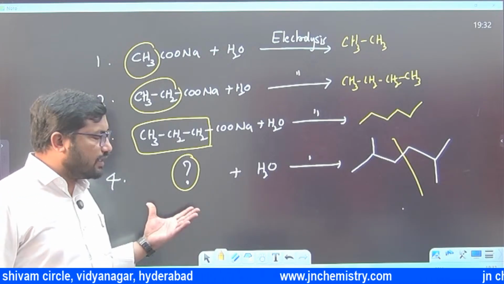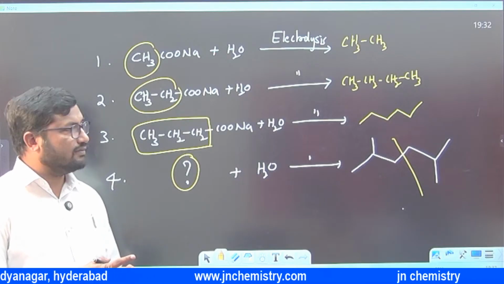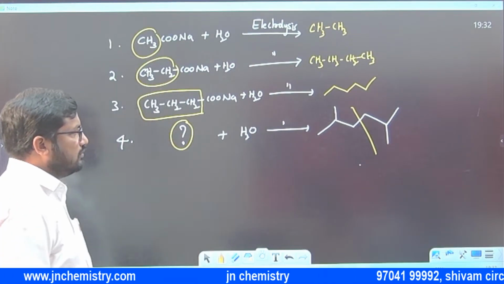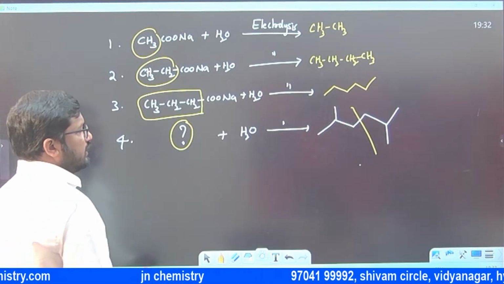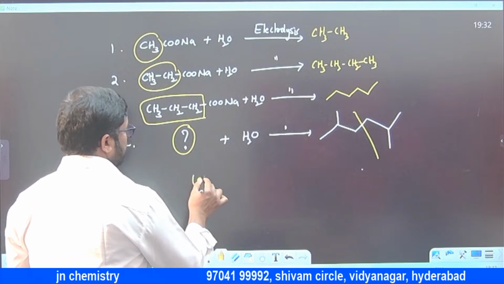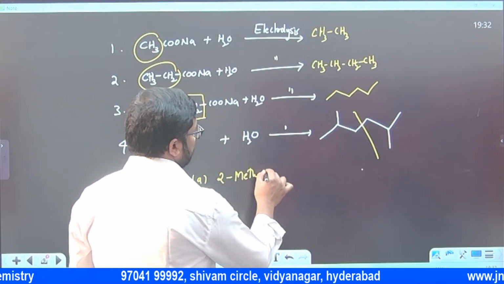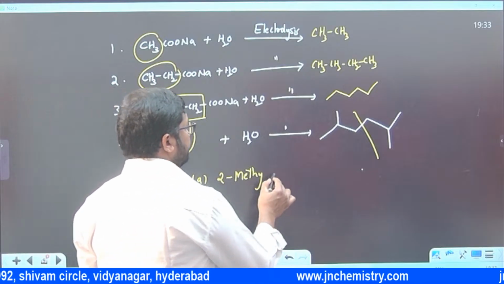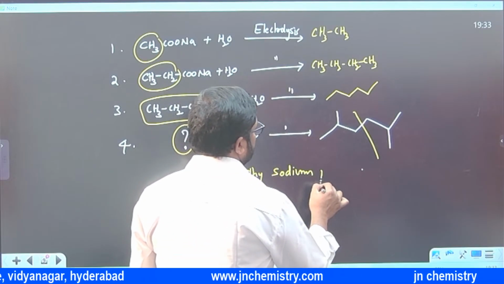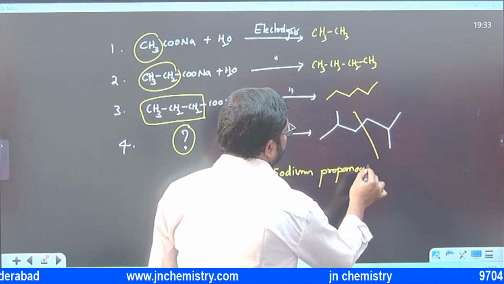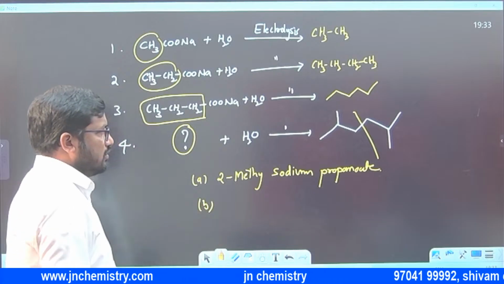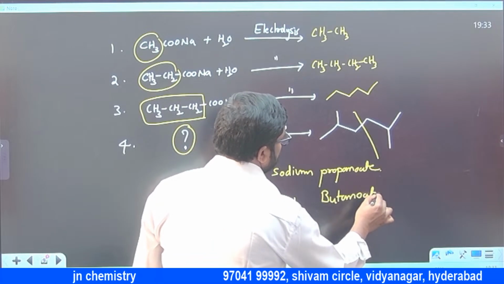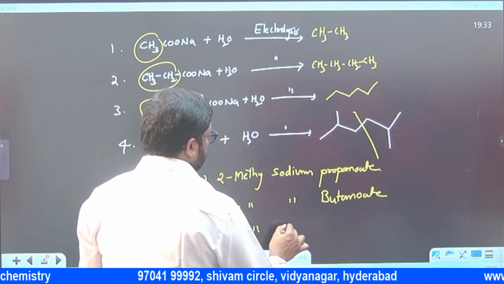Tell me the name of the reactant. They'll give the options like this. 2-methyl propanoic acid, 2-methyl sodium propanoate, 3-methyl sodium butanoate, option C, 3-methyl sodium propanoate.